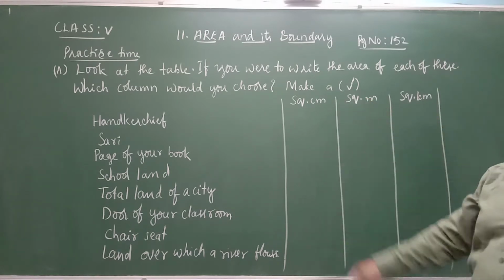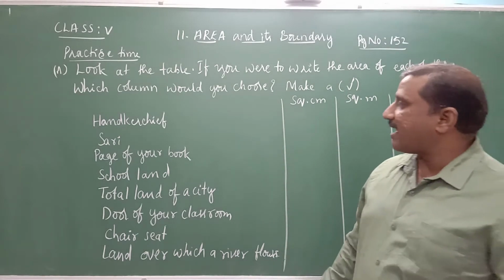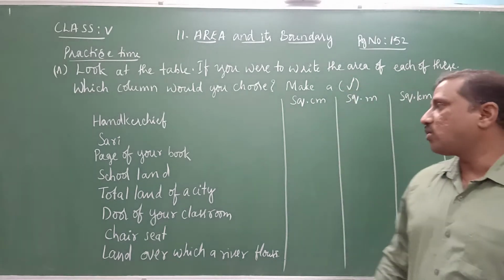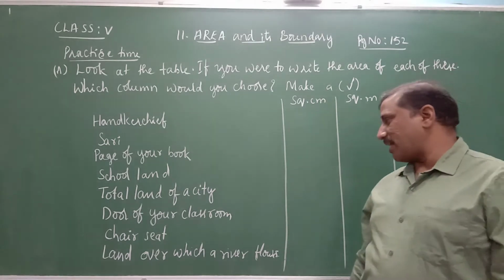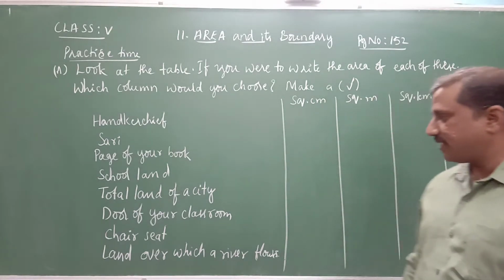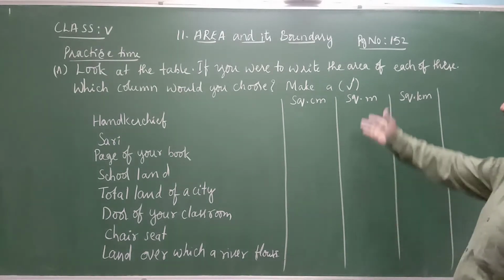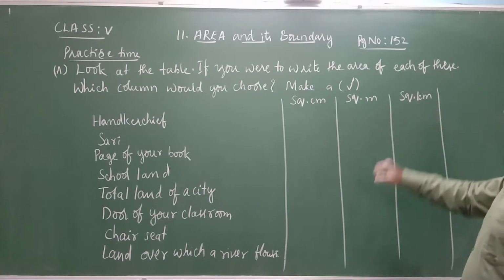The table gives names like handkerchief, sari, page of your notebook, school land, total land of a city, door of your classroom, chair seat, and land over which a river flows. The units given are square centimeter, square meter and square kilometer.